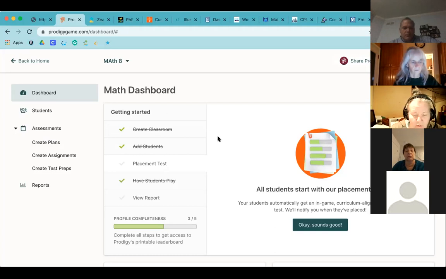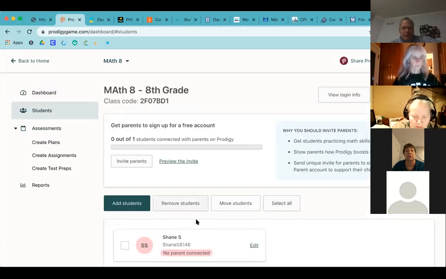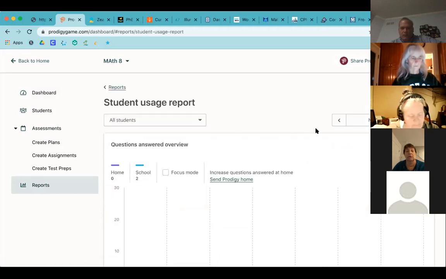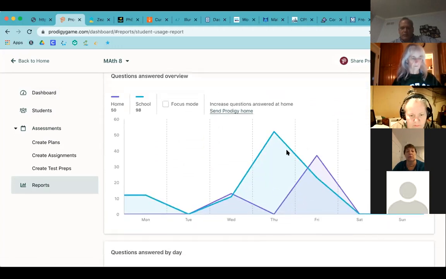Once you have the students set up and placed where they're at, what I like about it is there are different reports you can pull. The student that I'm working with right now is also working on it at home, and you can see how many problems he's doing.